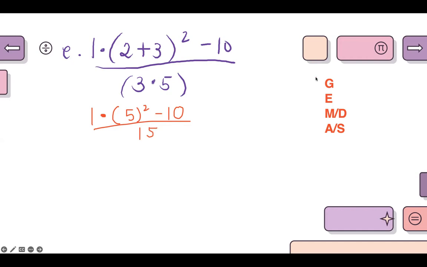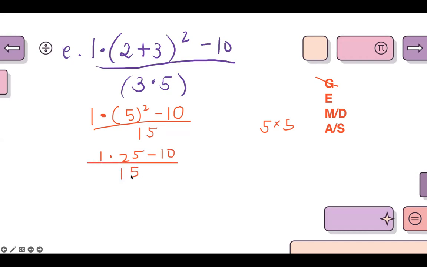Okay, we're done with the grouping symbol. Let's proceed now with the exponent. We have the exponent 5 squared. And in expanded form, that is 5 times 5. And 5 times 5 is 25. So let's write it. Minus 10. Then copy the denominator 15.